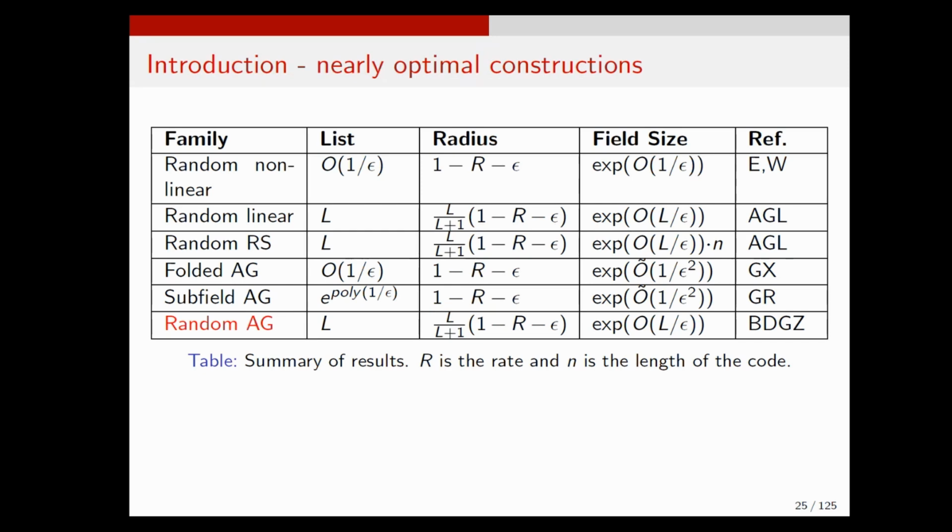Other folded AG codes, if you look at L equal to 1 over epsilon, do achieve the same parameters. The field size is e to the 1 over epsilon squared, and they do have a decoding algorithm. But two small disadvantages of the folded AG code are that this construction right now is not completely explicit, since it has some randomness in it, and it is actually not a linear code.